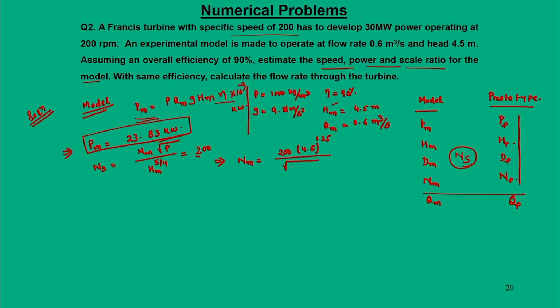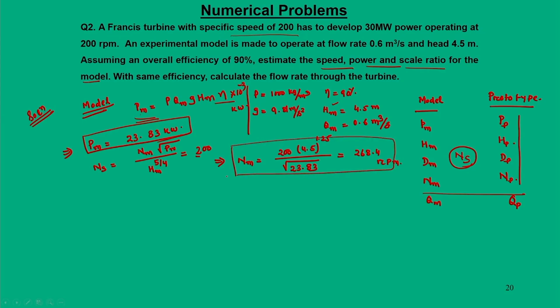Square root of P is Pm. So, that is 23.83. So, speed of the model is 268.4 rpm. So, this is the second answer.